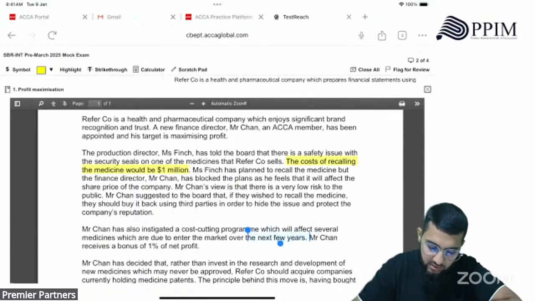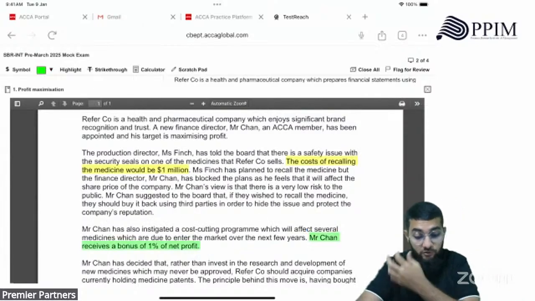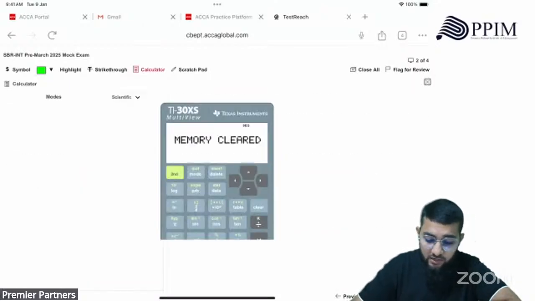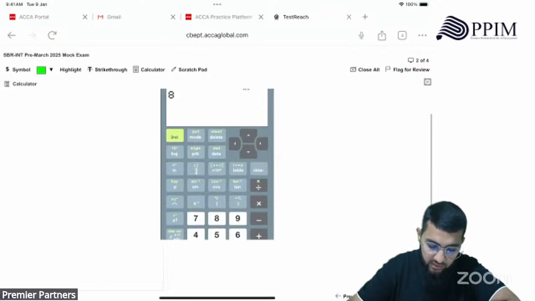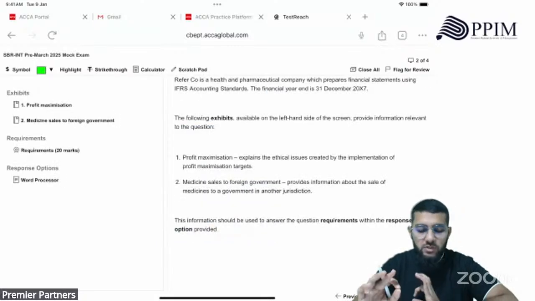Likewise, you can identify them and highlight them in different colors so that you know, okay, this is something I want to use in my scenario, right? So use the highlight feature, use the calculator to calculate. If you want to calculate anything, you can always use the calculator, right? Or if you feel that no, you want to use your own calculator, you can take your calculator to the exam hall as well.